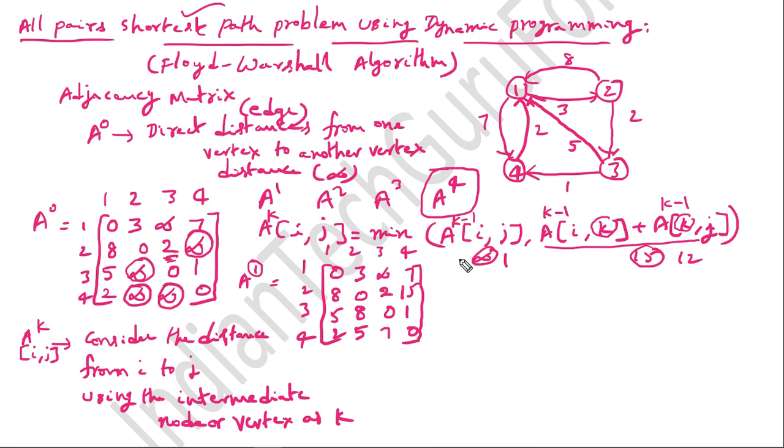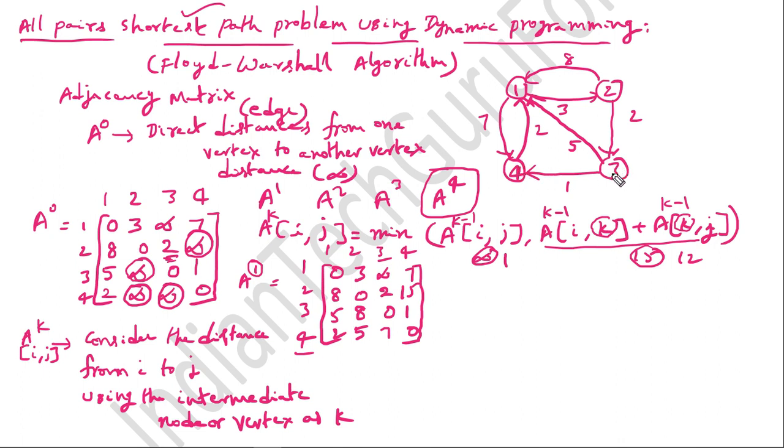So this is the A power 1 value. Here we need to remember that 1 must be the intermediate node, but the path may be two edges or more than two edges also. For example, here we are using the path from 4 to 3.